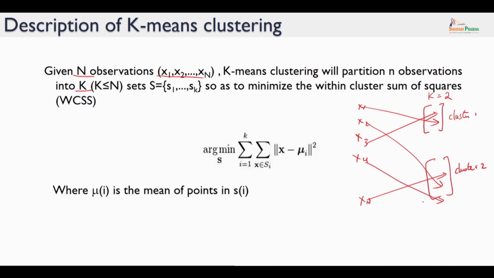So all you are doing is taking all of these data points and putting them into two bins, and while you do it, what you are looking for in a clustering algorithm is to make sure that all the data points in this bin have certain characteristics which are alike. If I take two data points here, these two will be more like each other, but if I take a data point here and one here, they will be in some sense unlike each other.